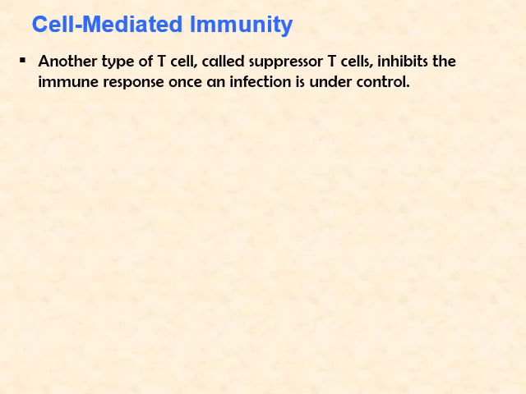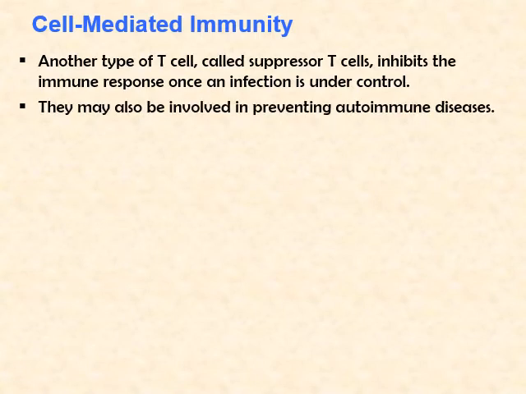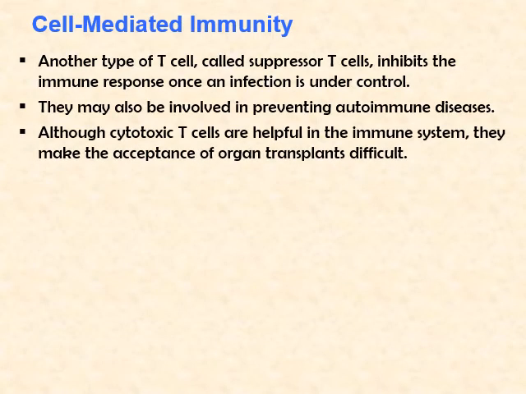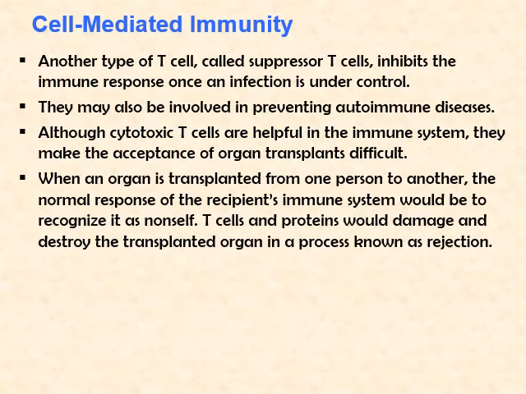Another type of T cell called suppressor T cells inhibit the immune response once an infection is under control. They may also be involved in preventing autoimmune disease. Although cytotoxic T cells are helpful in the immune system, they may make the acceptance of organ transplant difficult.